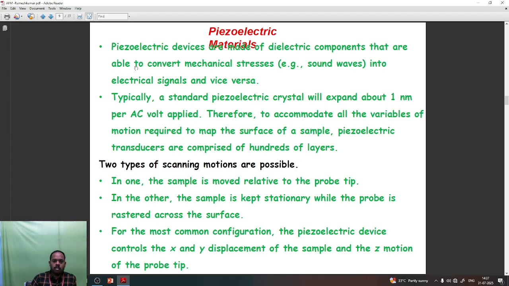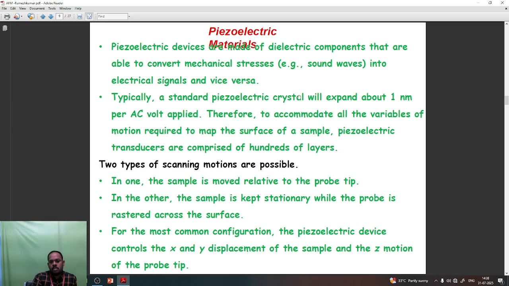When we apply voltage to the piezoelectric device, there will be an expansion, a mechanical change. Or if you make a mechanical change, that mechanical stress will be converted to an electrical signal. That is the property of piezoelectric devices.